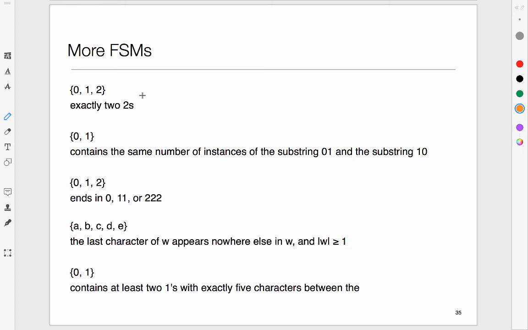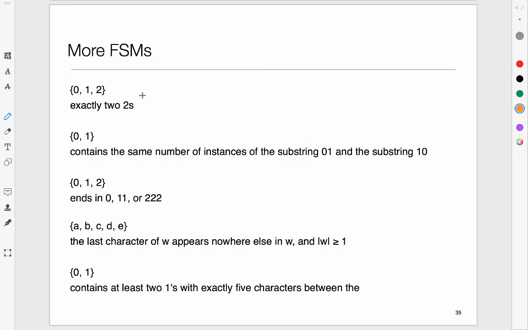I'll not go through the other two, but I'll let you figure it out. The last character of W, which is the string before the stop symbol came, appears nowhere else in W, and the size of W was more than 1. That is, there was at least 1 character.